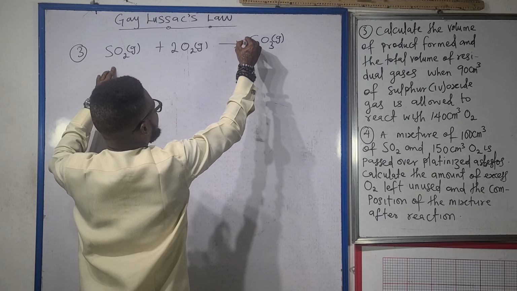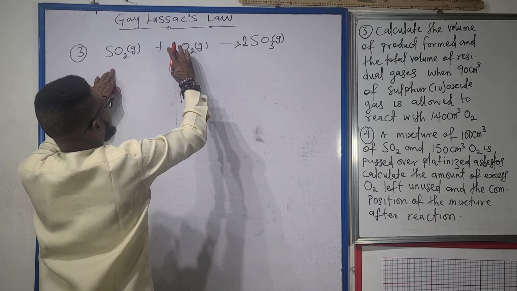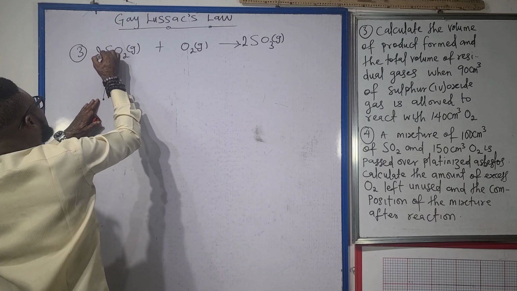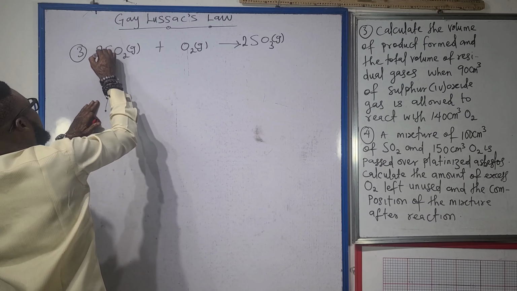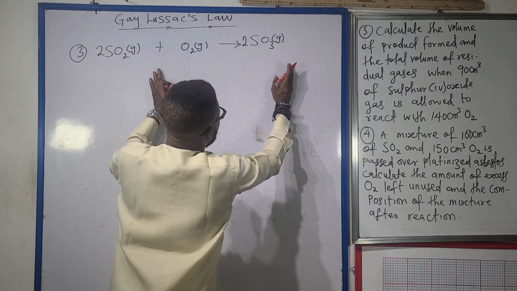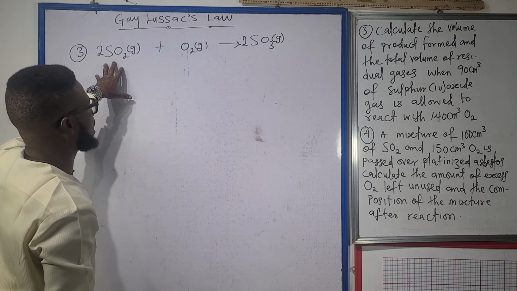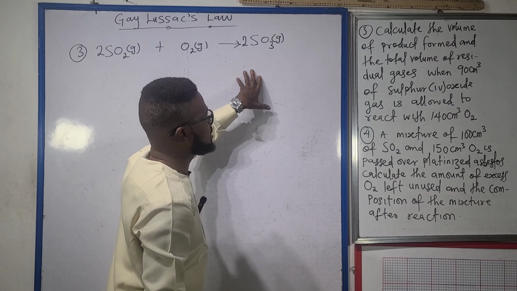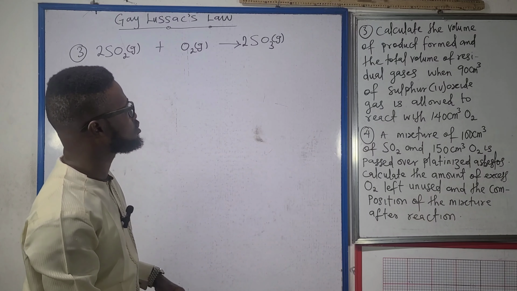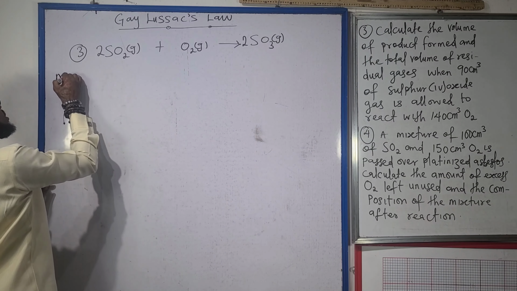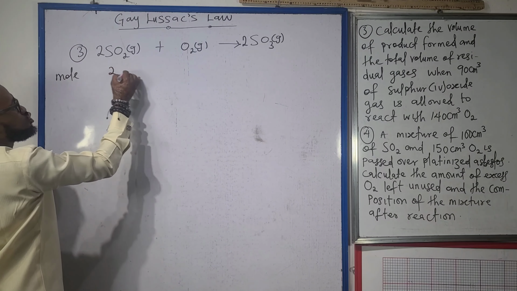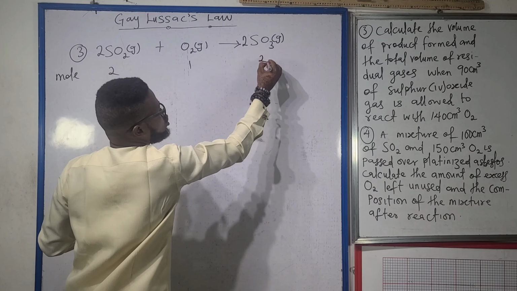If I put 2 here, and 2 here, then I think it's balanced this way. Now, this is a balanced equation for the reaction between sulfur(IV) oxide and oxygen gas. The mole ratio here is 2 to 1 to 2.